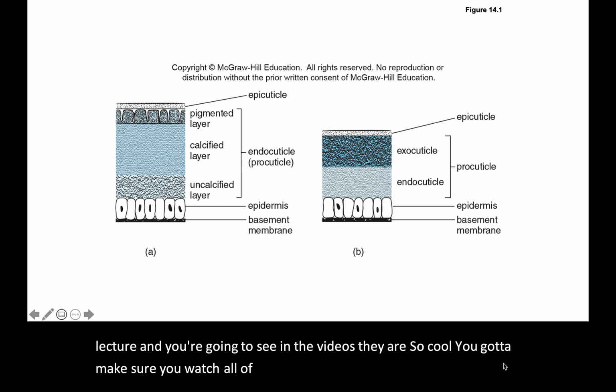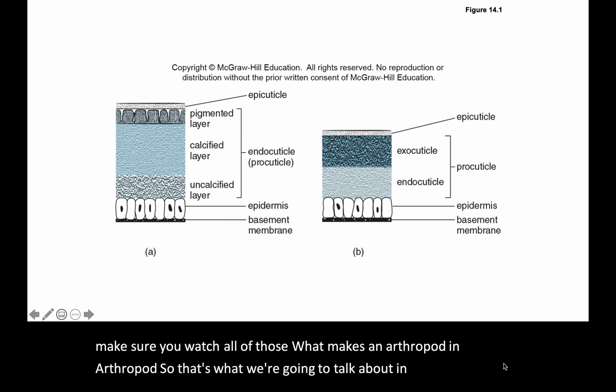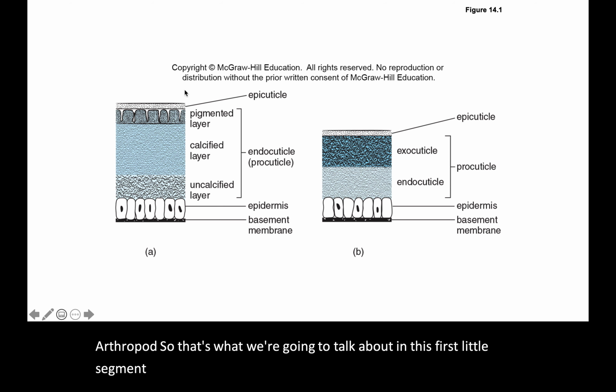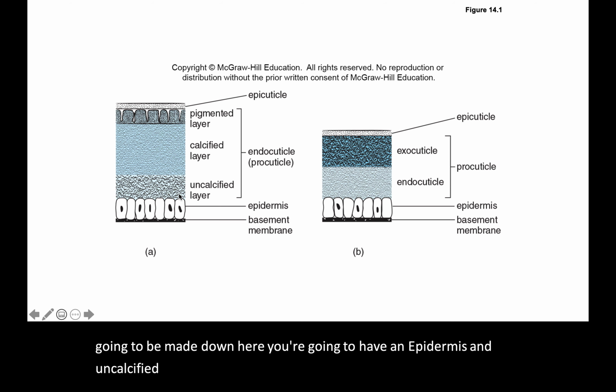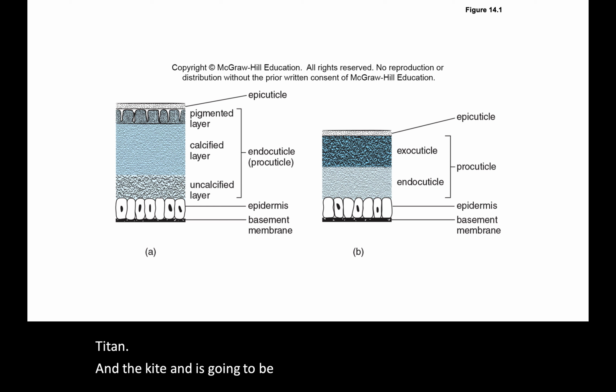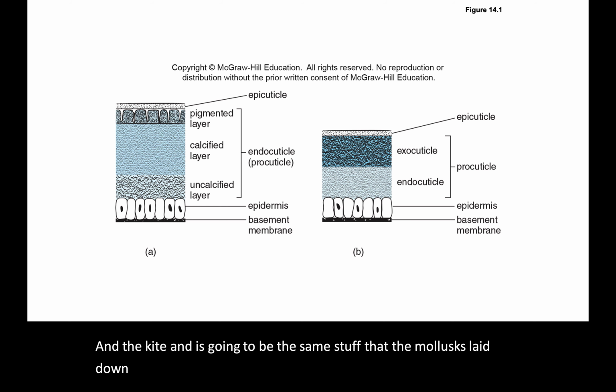So what makes an arthropod? That's what we're going to talk about in this first little segment. This is a view through the arthropod shell. You're going to have an epidermis and an uncalcified layer. The uncalcified layer starts out as mostly chitin, the same stuff that the mollusks laid down to start out making their shell.